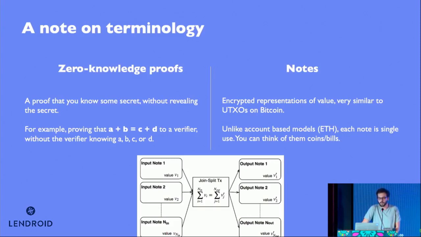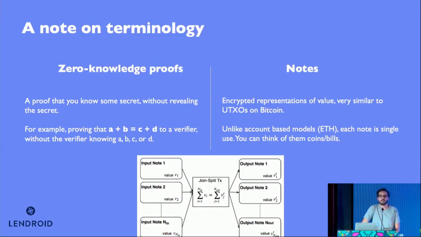So the standard example is proving that some variable A plus some variable B is strictly equal to some variable C plus some variable D. And without revealing A, B, C, or D, you're able to convince a prover that you know those variables and that equality actually holds.